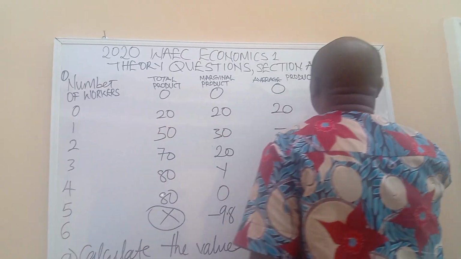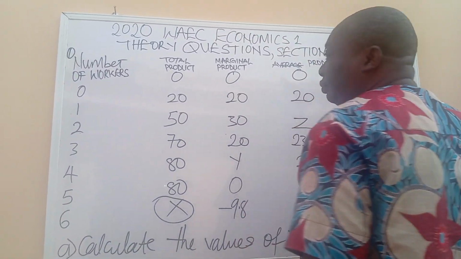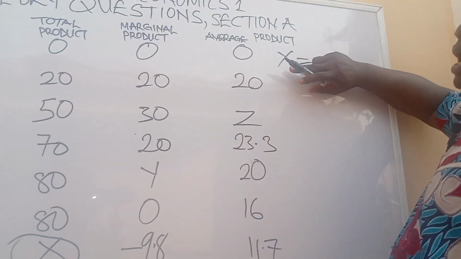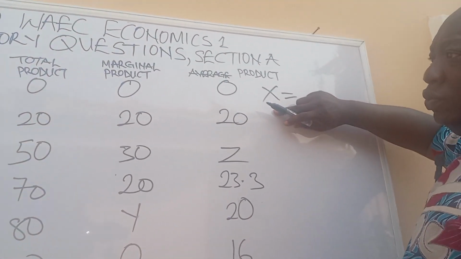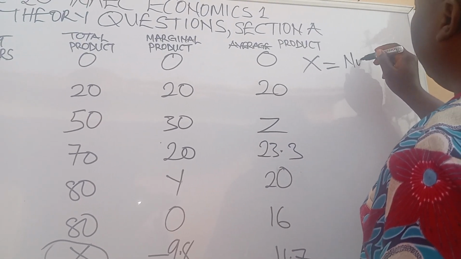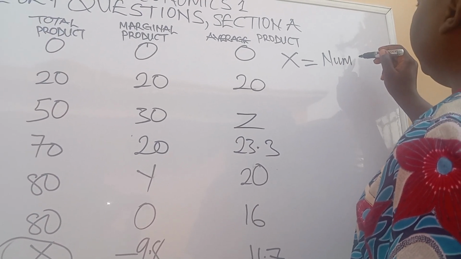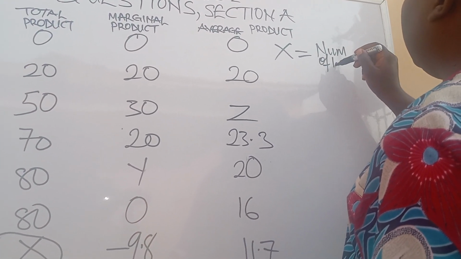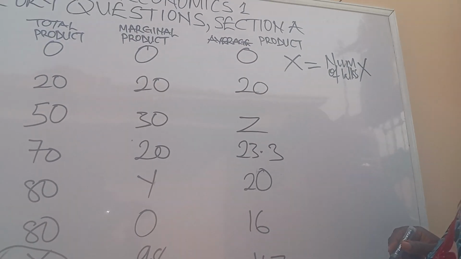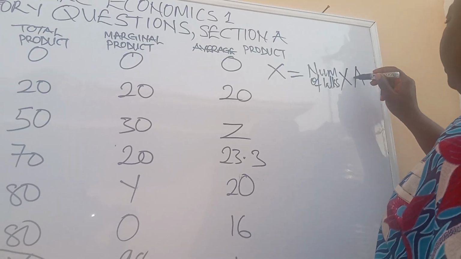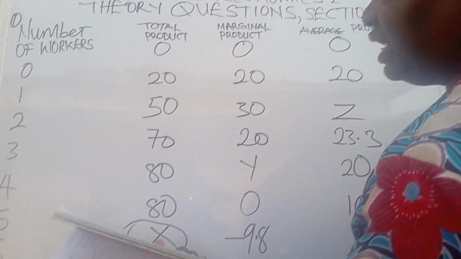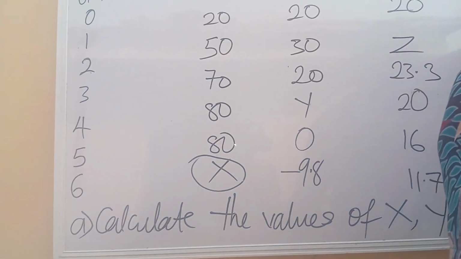To calculate X, which is total product, it is going to be number of workers times average product. In this case, the number of workers for this X is 6.